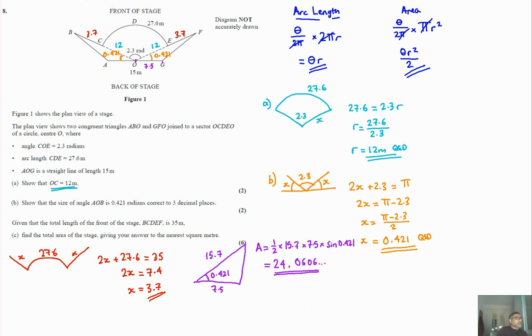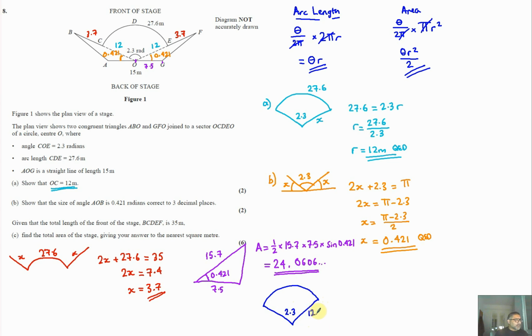And then the next thing we need to work out is the area of the sector. So looking at that sector, and again, I like to just have a little sketch of it as I'm doing it, just to make sure that I'm putting the right information in there. So that's 2.3 radians for the angle.